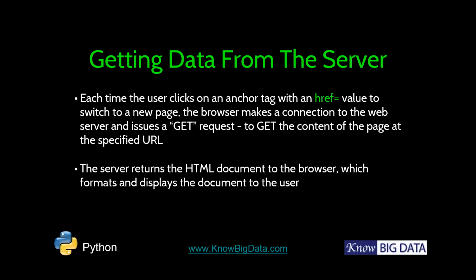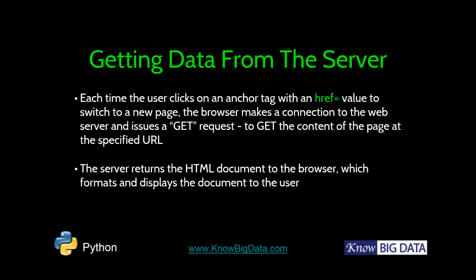So the client, that is the browser, is trying to make the connection to the web server, and it issues a get request, because it wants to follow the href. We want to follow a hyperlink, we want to get the content of the page at the specified URL.